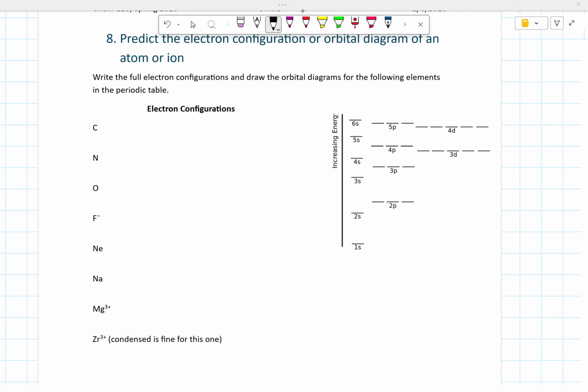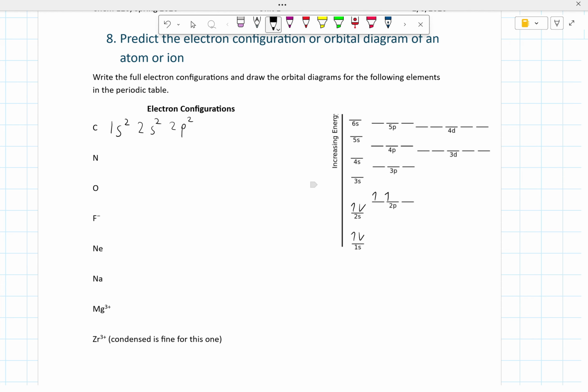We start with carbon here, and we can look at our periodic table and recognize that we'll have a full n equals 1 level, then a full 2s subshell, and then 2 more electrons in our p shell, leaving us with a 1s2, 2s2, 2p2 configuration.